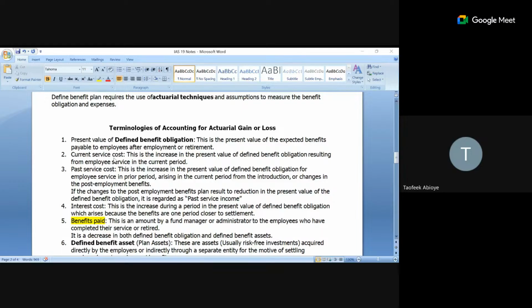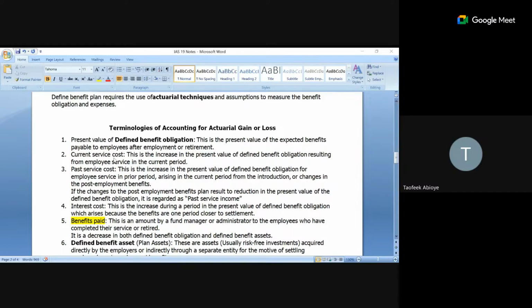Because as a result of your employee working in the current period, for example, now I said that we started this pension contribution after 2 years. Now, immediately the employee used 3 years, 4 years, the pension obligation will be increasing, will be increasing. So that is current service cost.